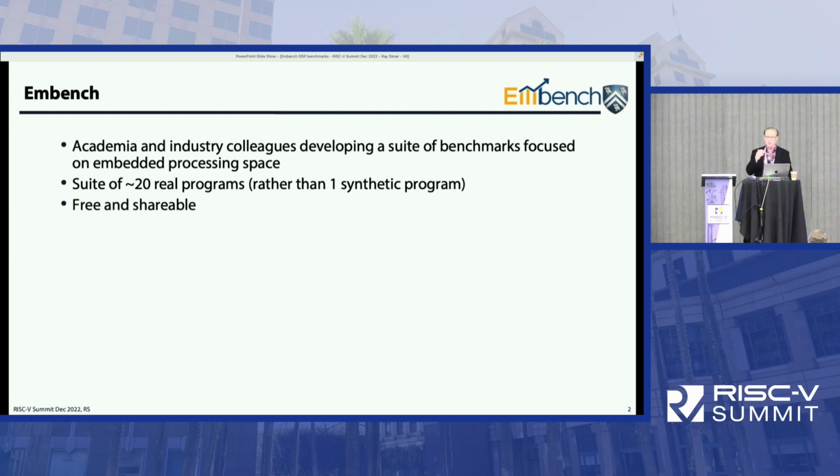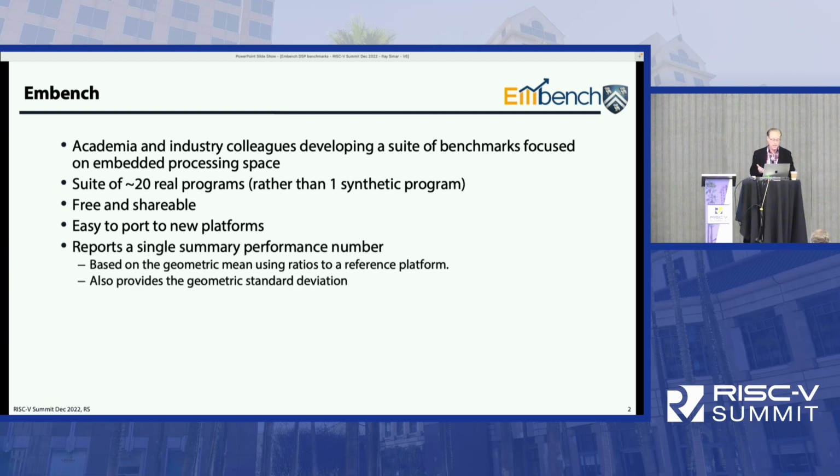The code is all available, it's free, it's shareable, there are no licensing arrangements. And the idea is to write the code so it's easy to port to new platforms, to new microprocessors, microcontrollers, high-end, low-end. Now, Embench will report a single performance number, like if you recall the SPECmarks, where you could have a SPECmark number, but you could then look under that number and see how all the benchmarks performed.